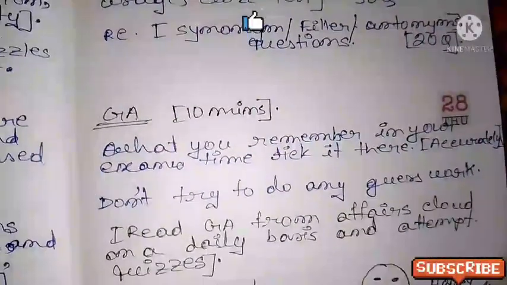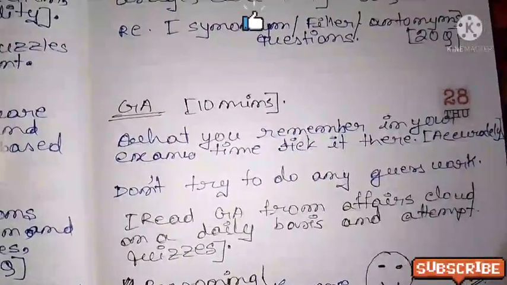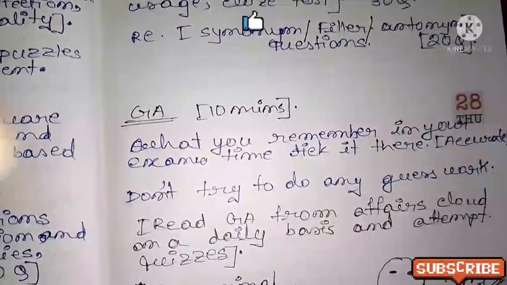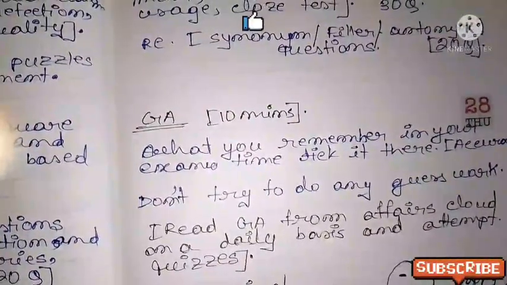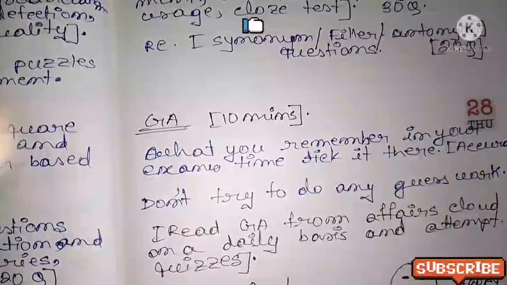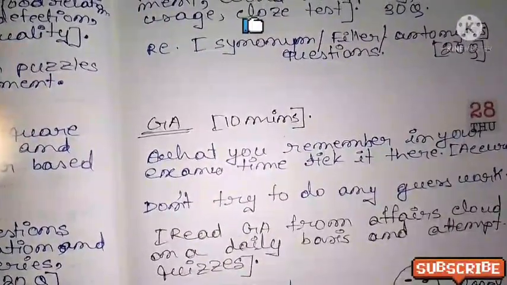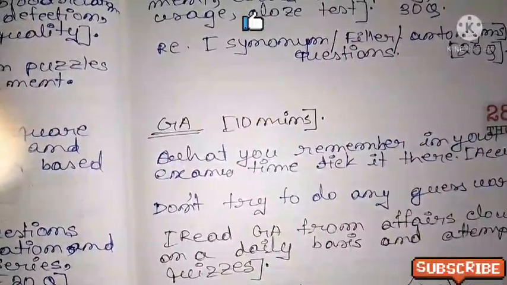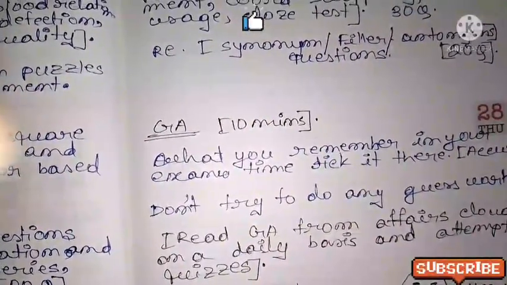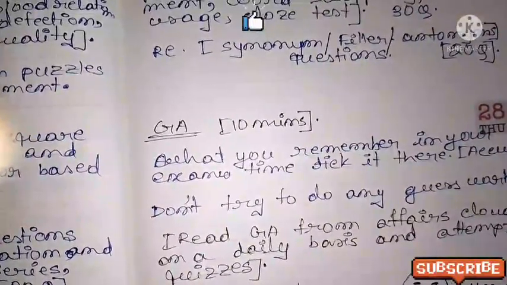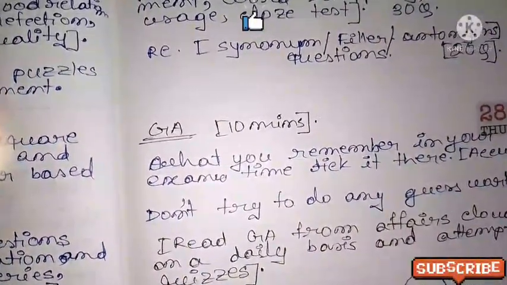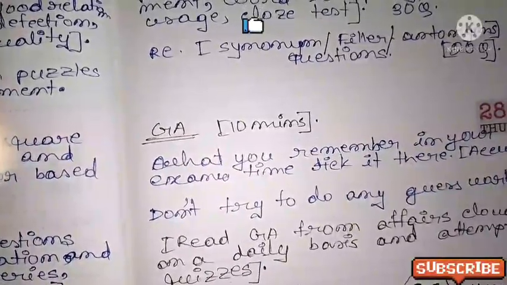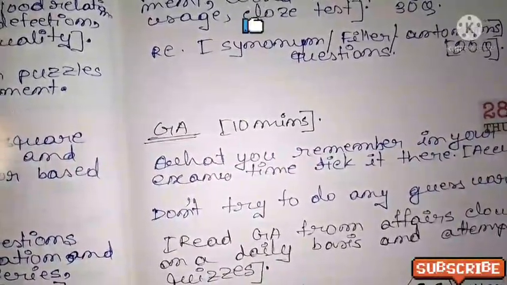And if I talk about the GA portion, whatever you remember in your examination, tick it there accurately. Don't do any guesswork there. If you do any guesswork, your marks will be deducted, so that will not help you in your real examination. You may attempt fewer questions, but if your accuracy is 95% or 100% in GA, then whatever you score will not be low, right?